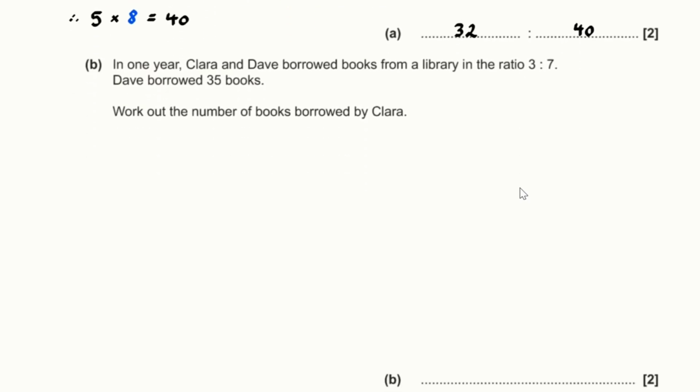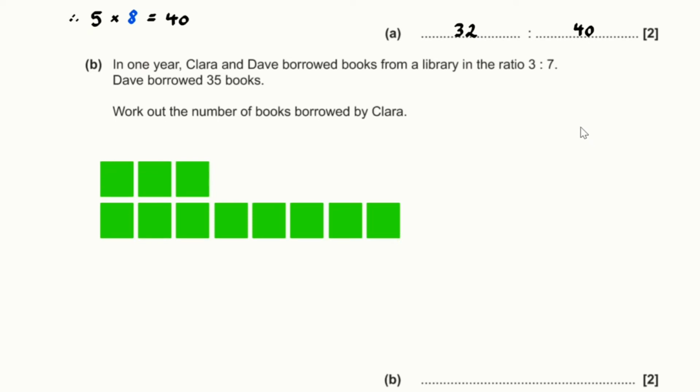Next, in 1 year, Clara and Dave borrowed books from a library in the ratio 3 to 7. Dave borrowed 35 books. We have to work out the number of books borrowed by Clara. Here is a bar model. We've got 3 to 7, as we see here.